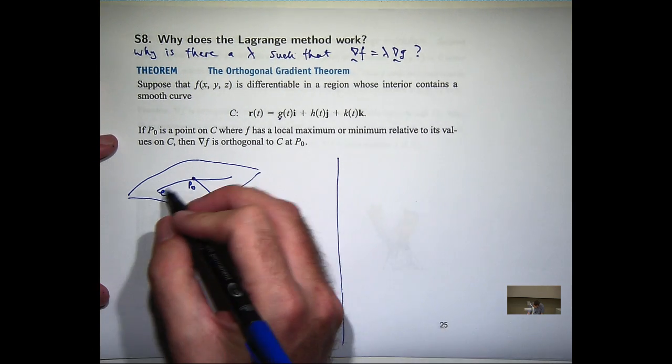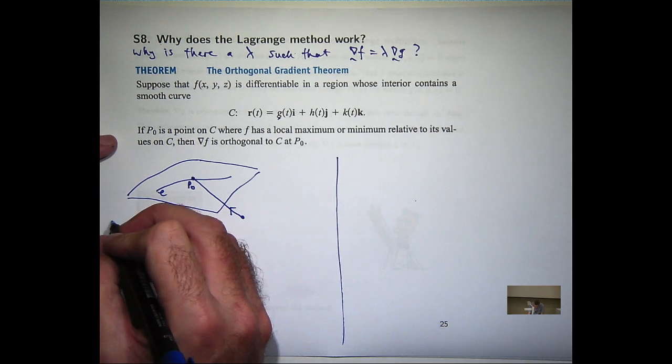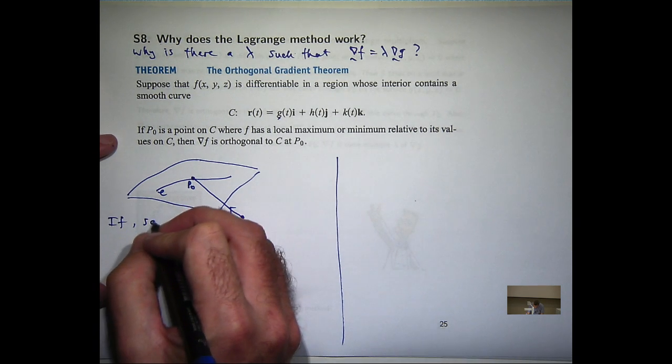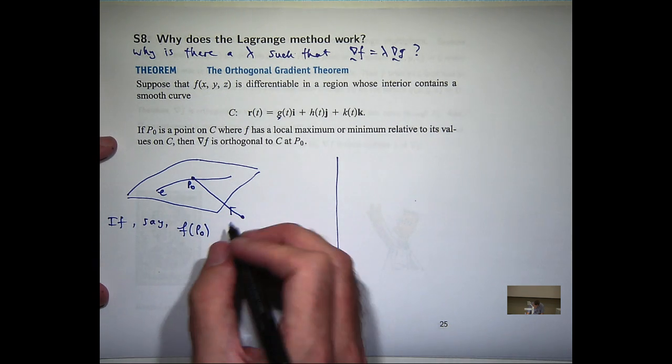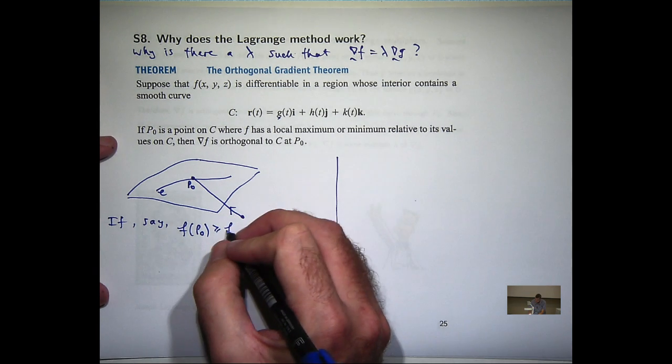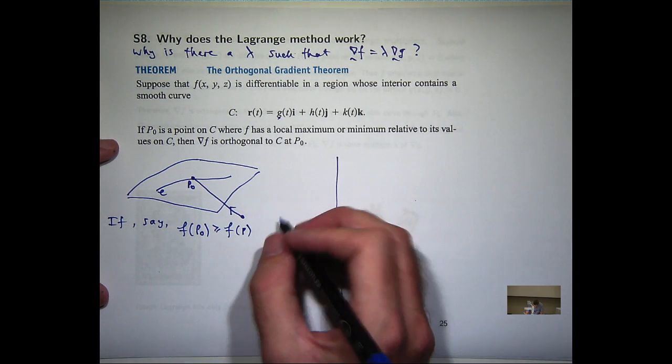So we can parameterize the curve. And I'm going to say f has a local max.